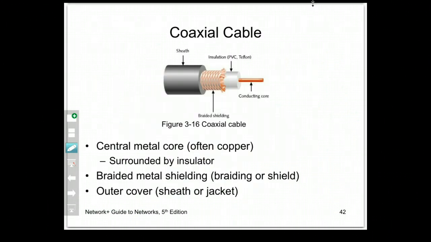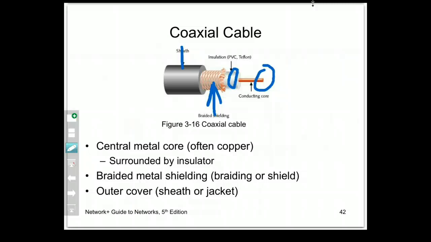Coaxial, starting with the conductor core here, and then you've got your PVC Teflon coating around that, your shielding around that, and then your final sheath. So basically you've got three basic coatings around that initial core, and the central metal core, often copper, is surrounded by this insulator.